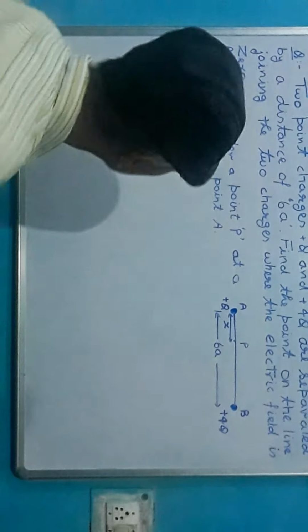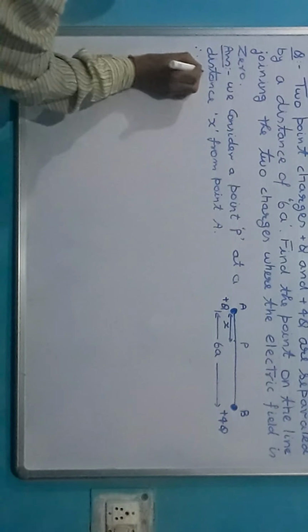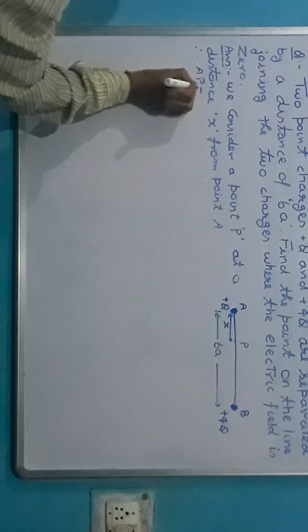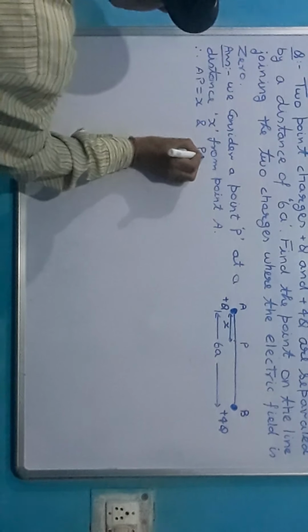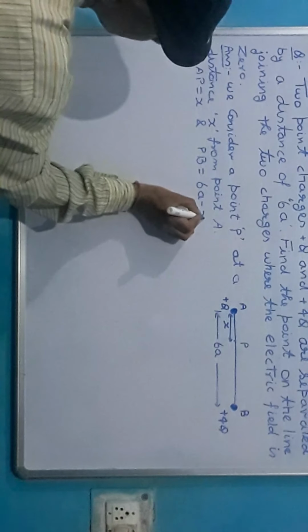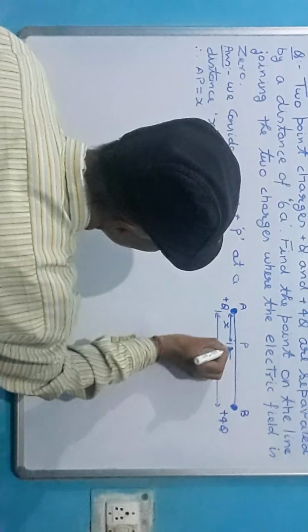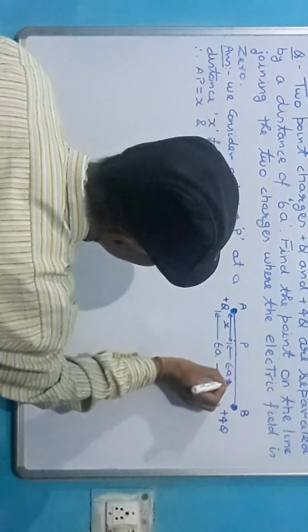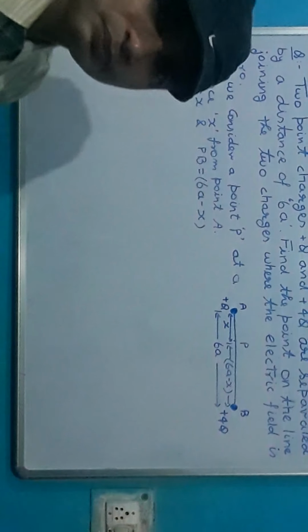Hence we can write distance AP is equal to x, and the distance PB is equal to 6a minus x.